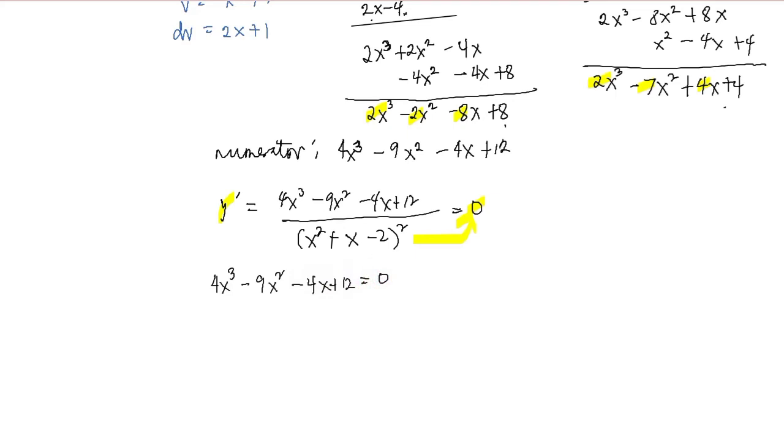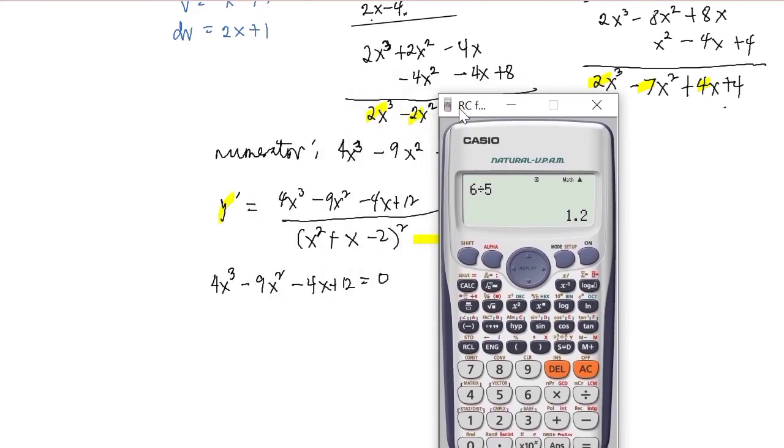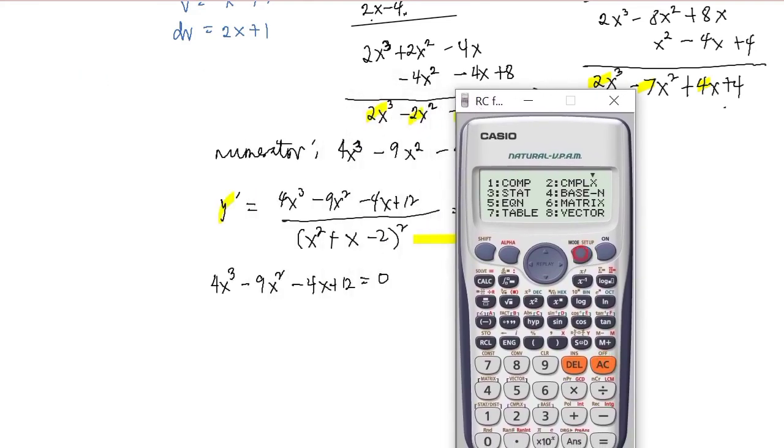Ngayon, ang kukunin natin is the root of the equation. So we have equation 5, and that is 4. So 4, tapos that is negative 9, and we have here negative 4, and for the constant, we have 12.